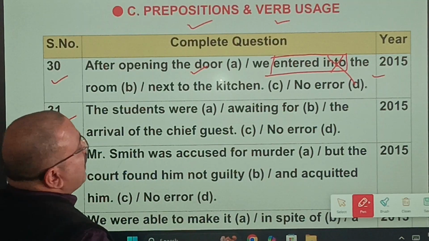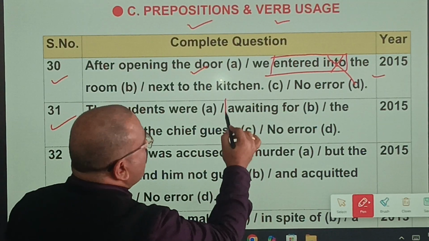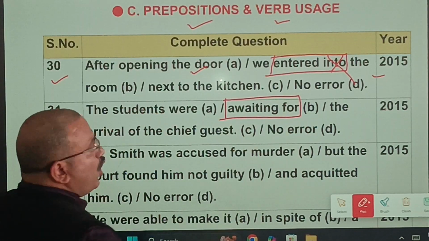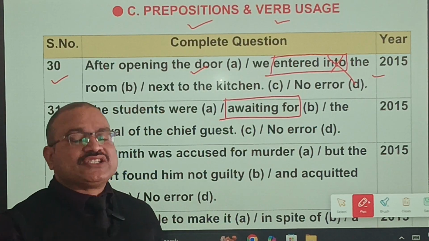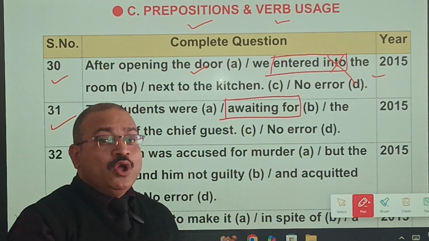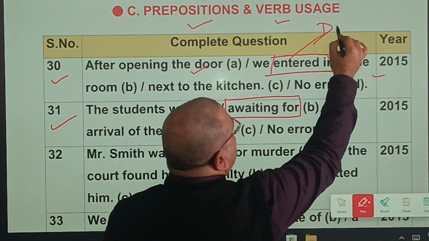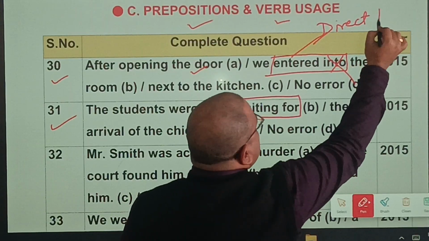Second sentence, 31. The students were awaiting for the arrival of the chief guest. Same problem here. Awaiting again is a verb that does not take a preposition. Why? Because such verbs are called direct transitives.